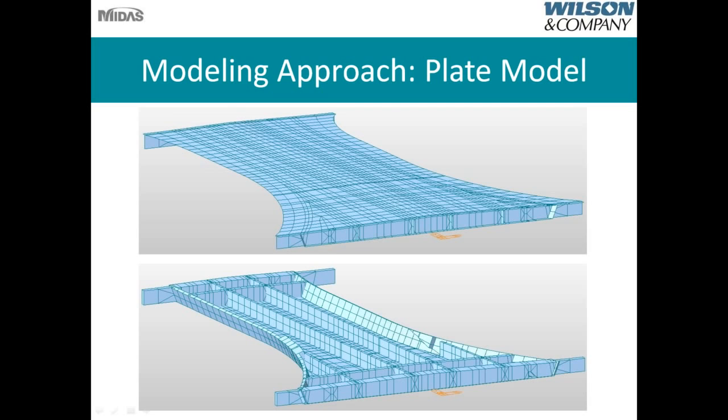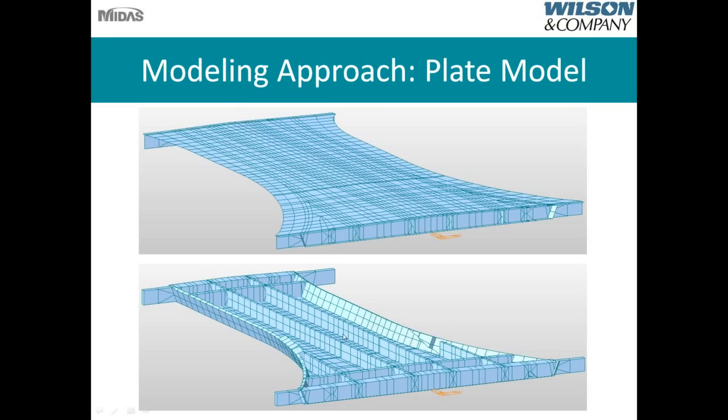So here's the plate model that I created for the structure. This top view shows, as you would be looking at the bridge from an isometric view, you see the bearing diaphragm out here at the end. On the top, you see all the deck elements, and then you can kind of see the diaphragm poking through here too.